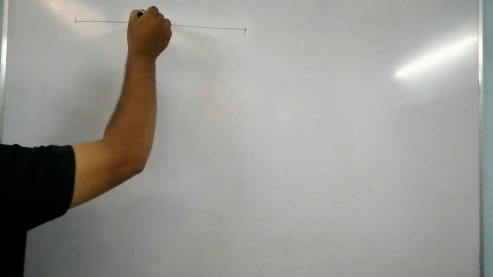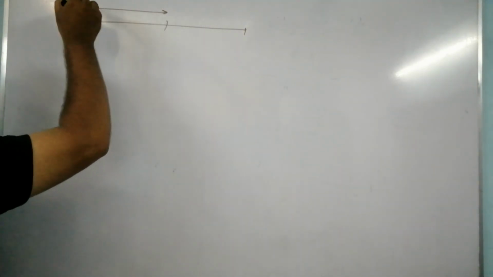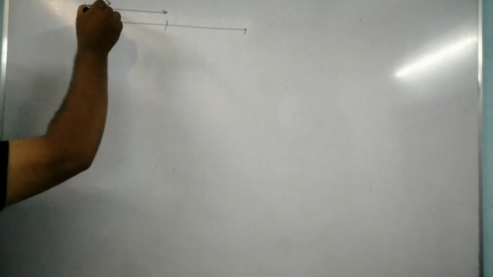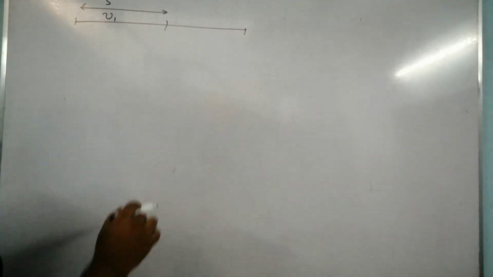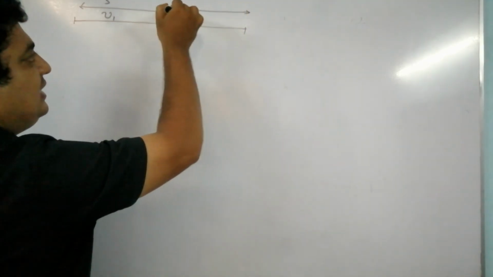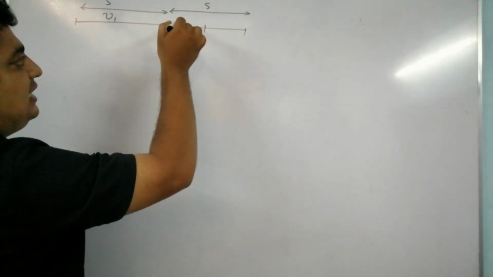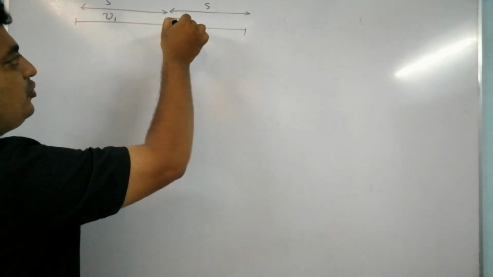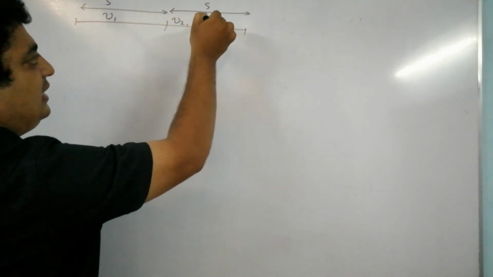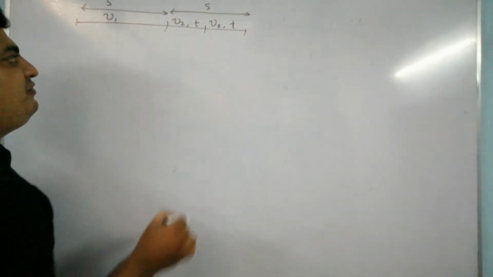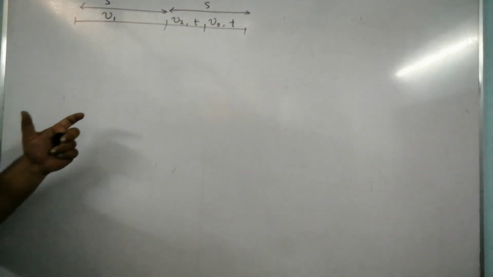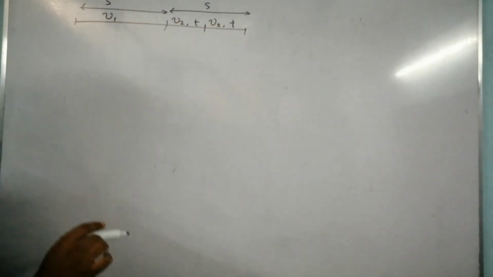Now consider a question. Let a particle move with speed v1 for first half distance. In the next half distance, it moves with speed v2 for time t and v3 for time t. So what will be its average speed?